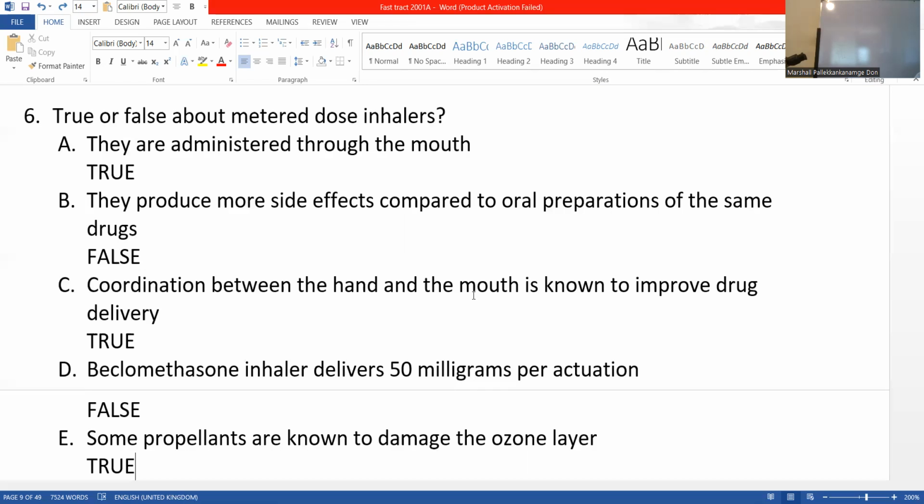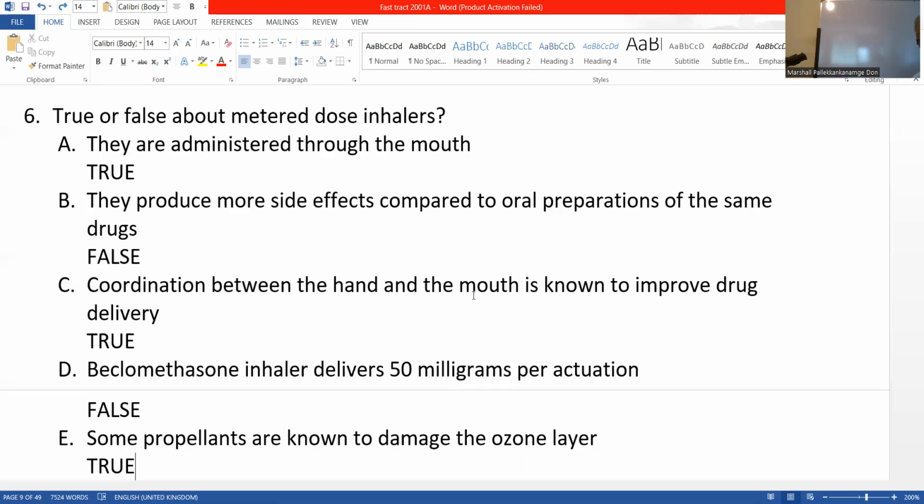Hand to mouth coordination is important because as you expel the drug from the inhaler, at the same time the patient should breathe in and hold the breath for 10 seconds. So you have to give these instructions. Coordination between hand and mouth is very important.